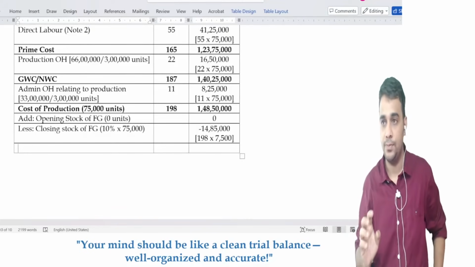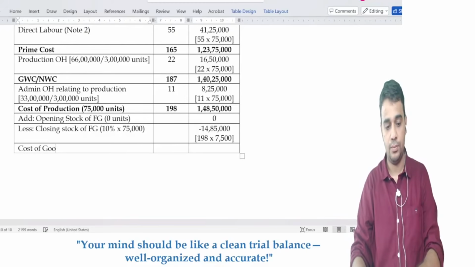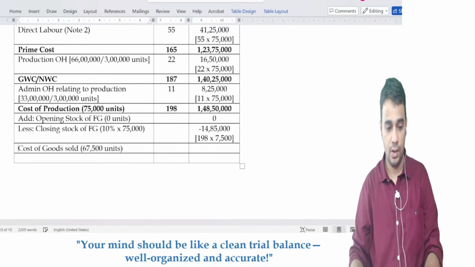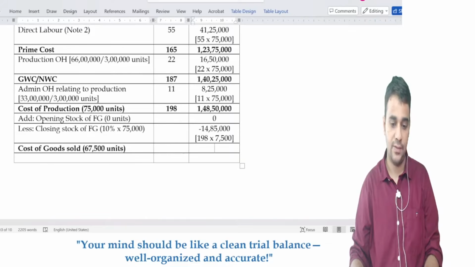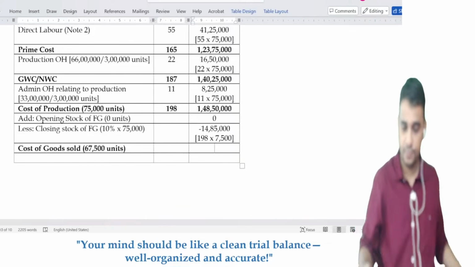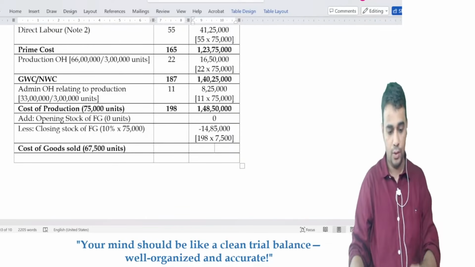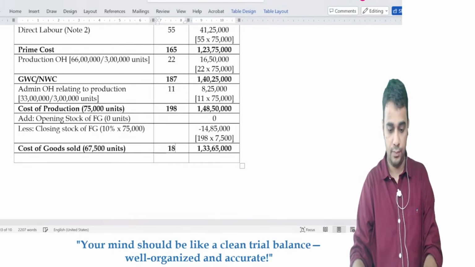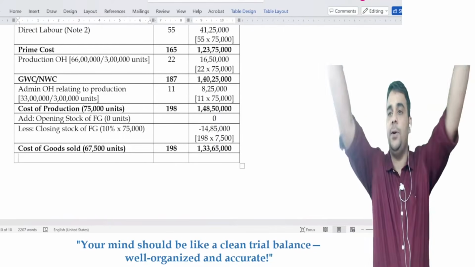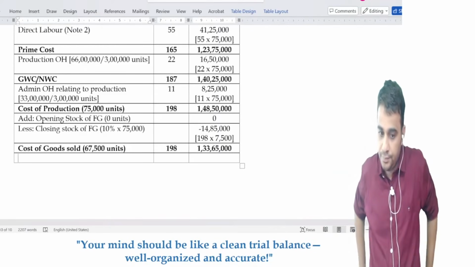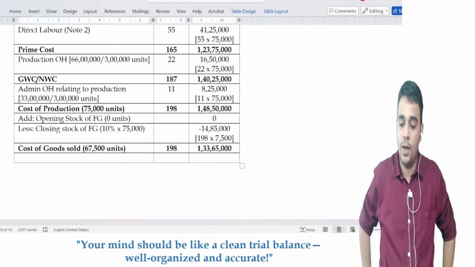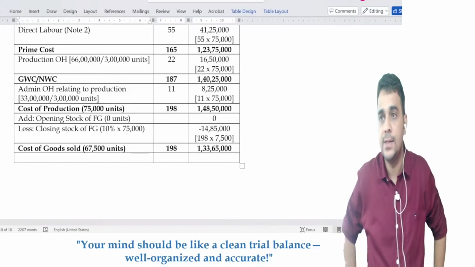Any doubts till this? Cost of goods sold, 67,500 units. It will be the same 198 rupees. COGS 1 crore 33 lakh 65,000.